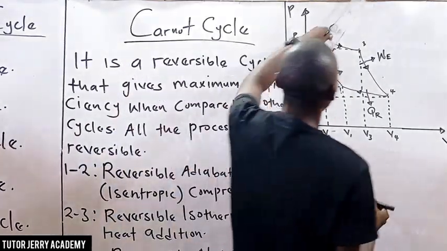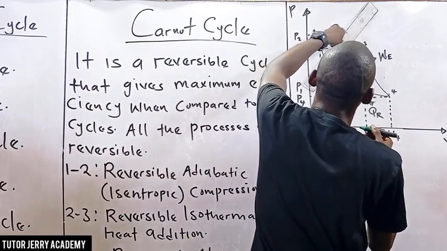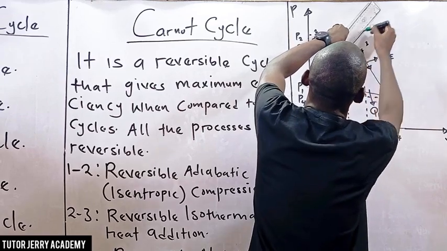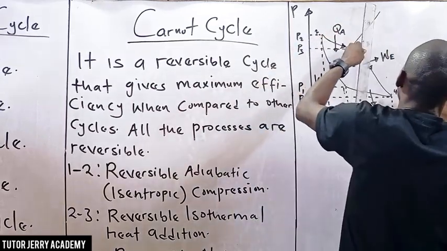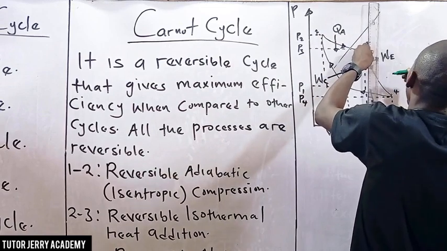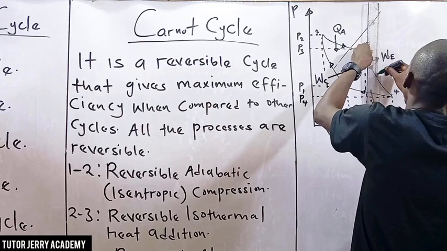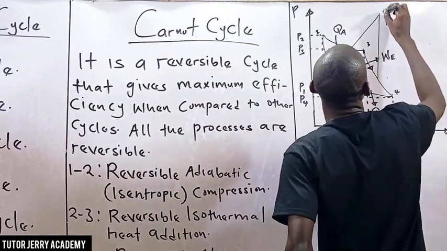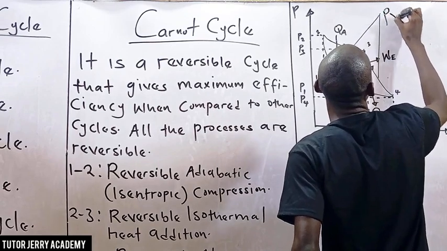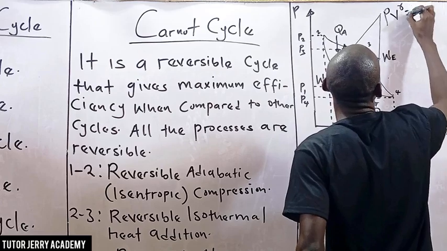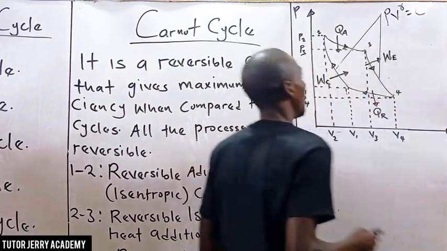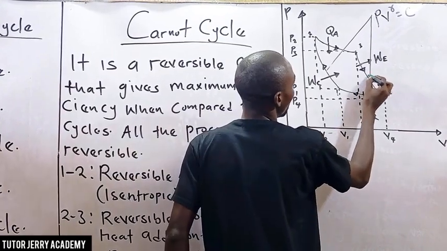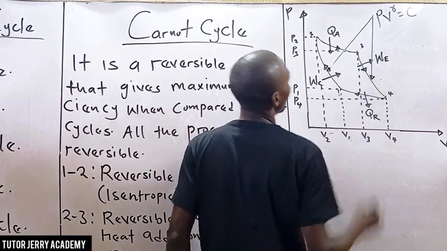All right, so let's put that here. We can have the arrow pointing outside like this. Also have another arrow on this side of this curve like this. Then we are going to say PV^gamma equals constant. All right. So this is a complete PV diagram of a Carnot cycle.